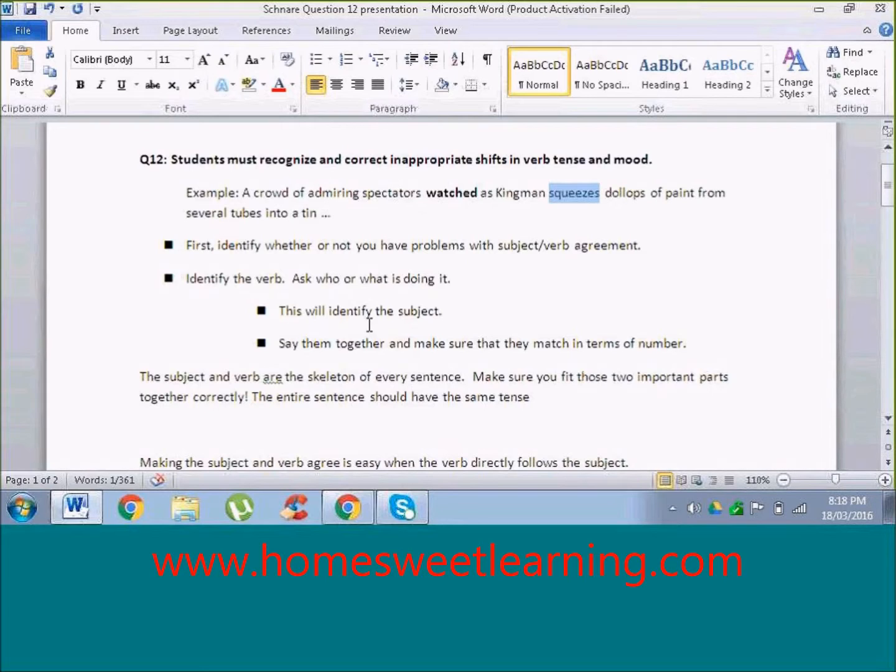The subject and the verb are the skeleton of every sentence. We want to make sure that we fit the important parts together correctly, and that the entire sentence should have the same tense. This is very important. So making the subject and verb agree is easy when the verb directly follows the subject. Can we identify the subject?